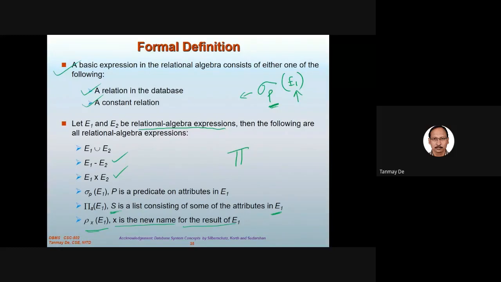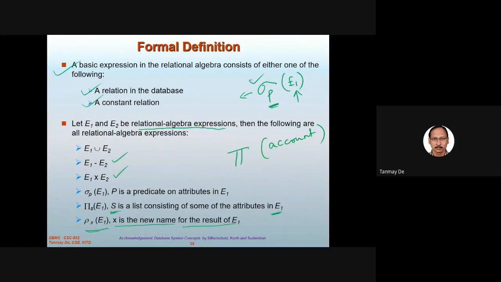Suppose we write account, which is the relation. What are the attributes? I already told: account number, branch name, and the third one is balance. Suppose among the three attributes, if we want all three attribute values, that means each of the tuples, then we can use the select operation.